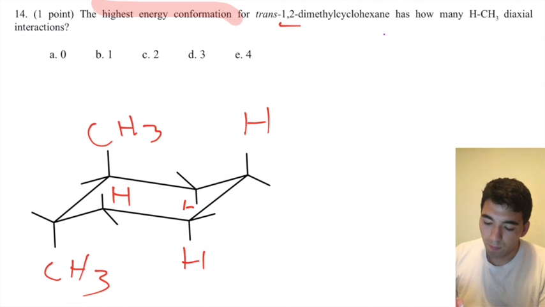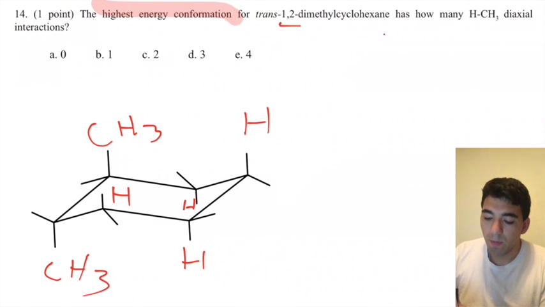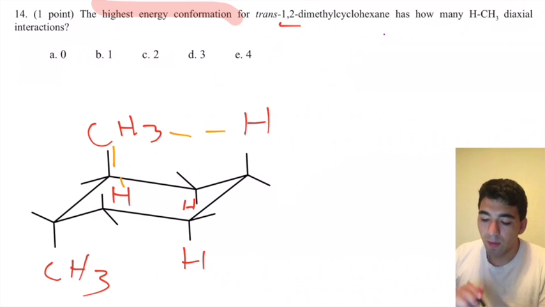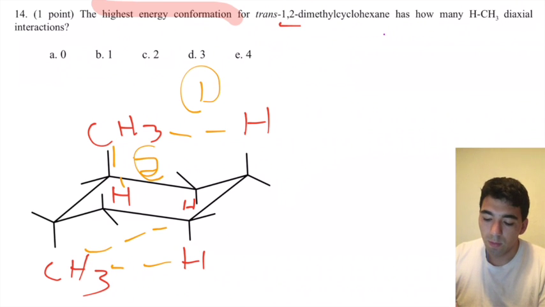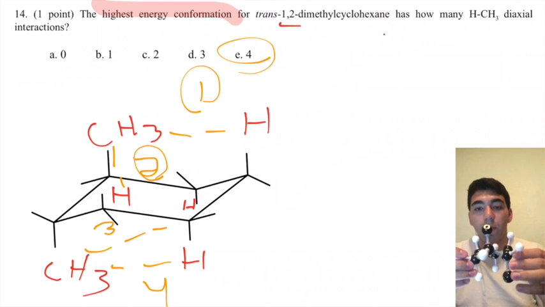Okay. Now let's draw those interactions. So we have one methyl group bouncing on top, another methyl group bouncing against the hydrogen up top, and then the ones on the bottom, the methyl group will bounce against these other hydrogens. So that makes for 1, 2, 3, and 4 interactions.